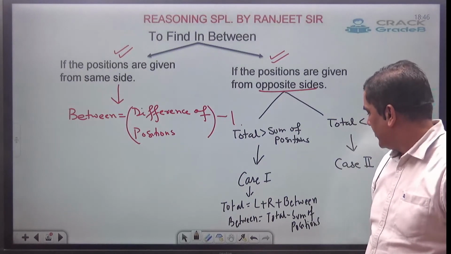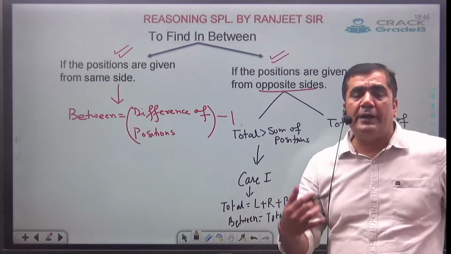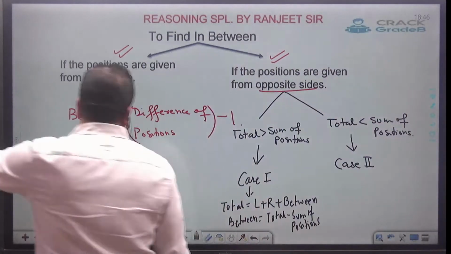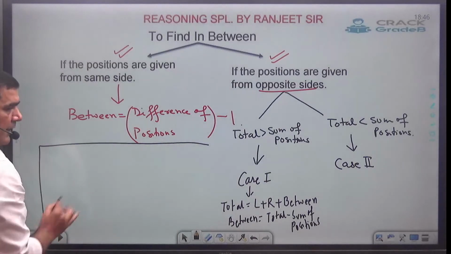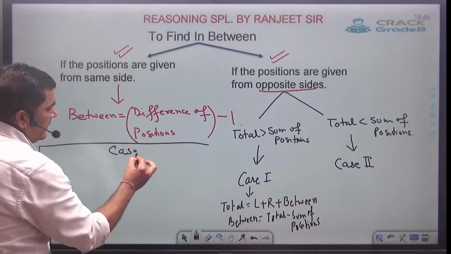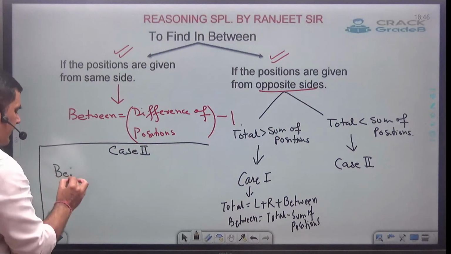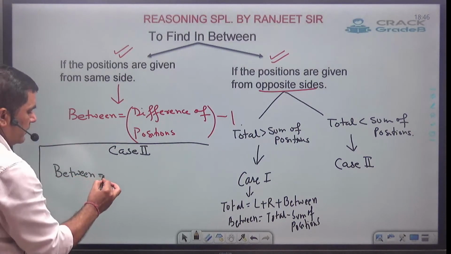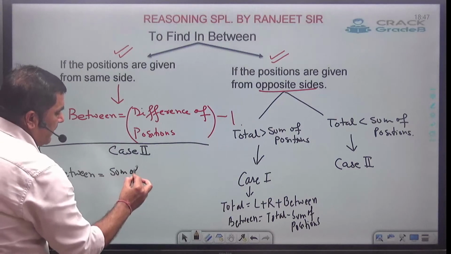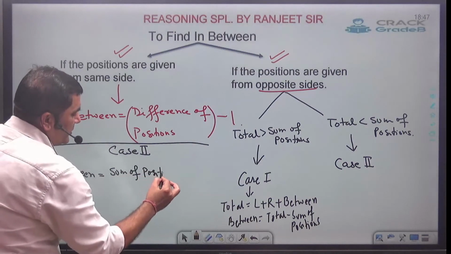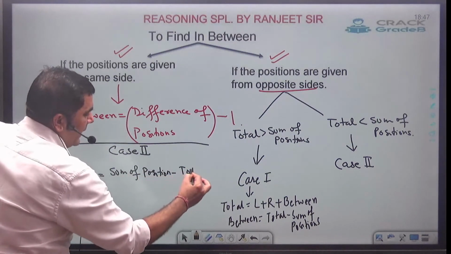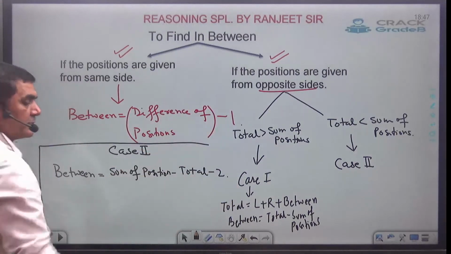Clear? Now, in case 2, how to find in between? I am writing over here. In case 2, how to find in between? So remember, my dear, in case 2, between should be equal to the sum of positions minus total, and then you need to subtract 2.